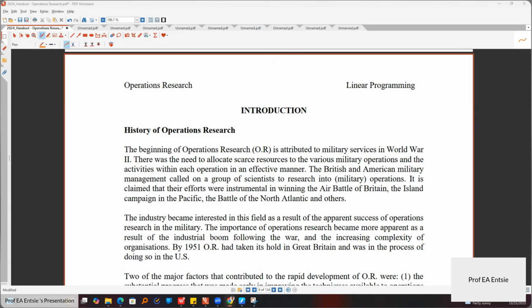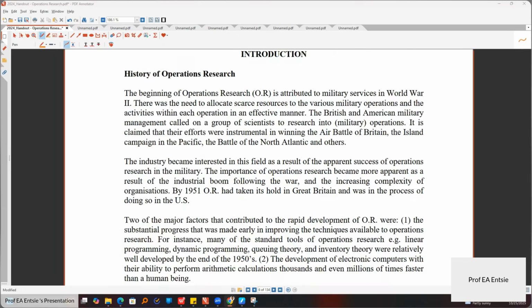They needed to allocate scarce resources like bombs, ammunition, guns and other things to various military bases to stop this war. So it was found useful around 1949, 1951. All right, let's move on.